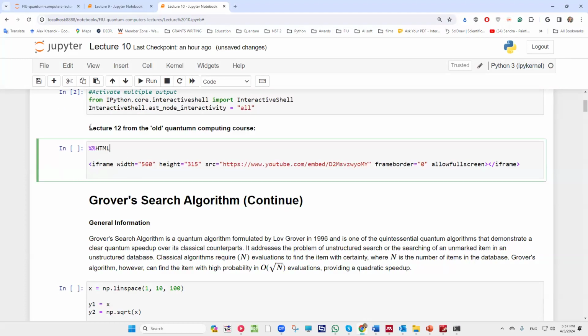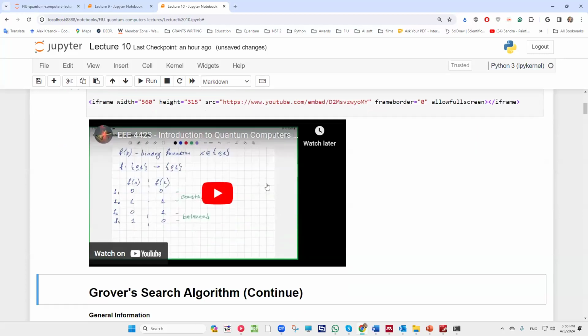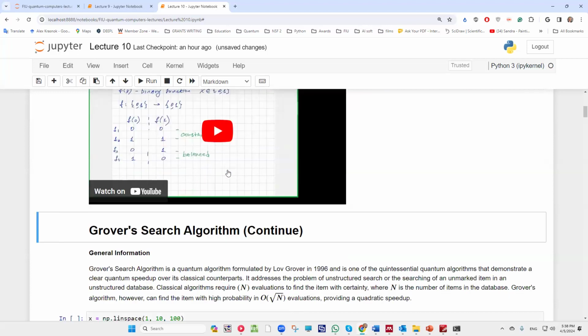I also put lecture 12 from the previous quantum computing course, where I discussed the math behind these algorithms in more detail. So if you are interested in learning the math behind, I refer you to this lecture.